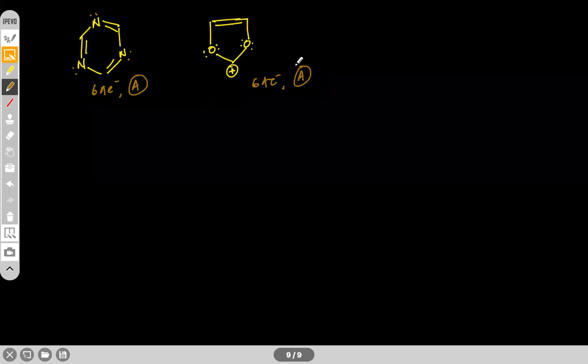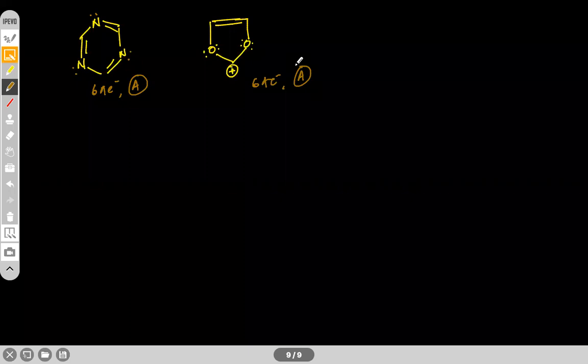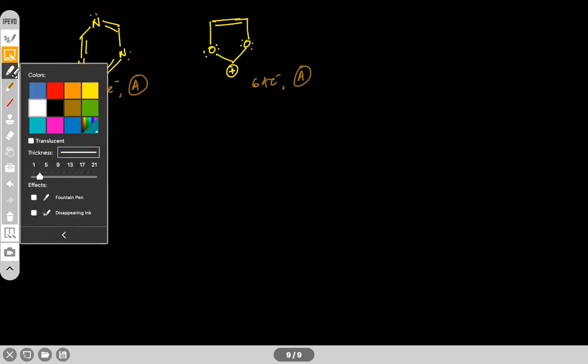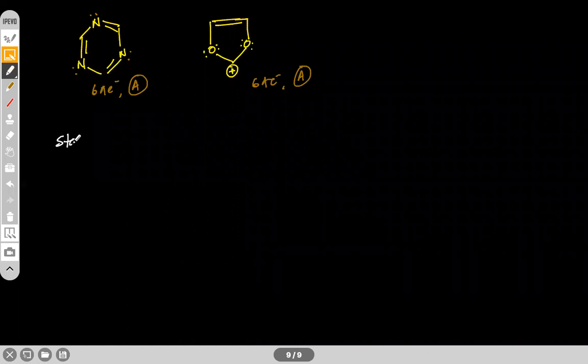Okay. The stability of various intermediates, write down. The stability of various intermediates are also affected by resonance. For example, you see, if you see the stability of carbocation, right?